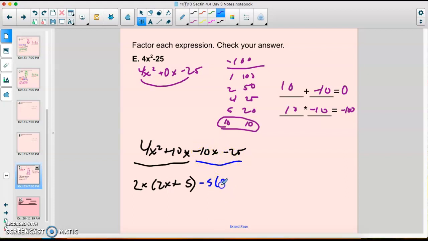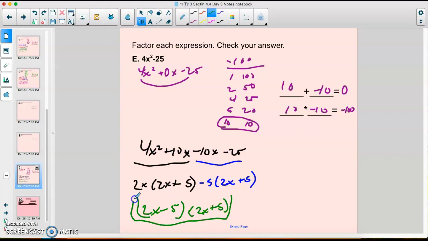We're left with positive 2x, which is what I wanted. And then negative 25 divided by negative 5 would get us positive 5. So our parentheses are the same, which is good. And so lastly, 2x minus 5, and then, other parentheses, 2x plus 5.